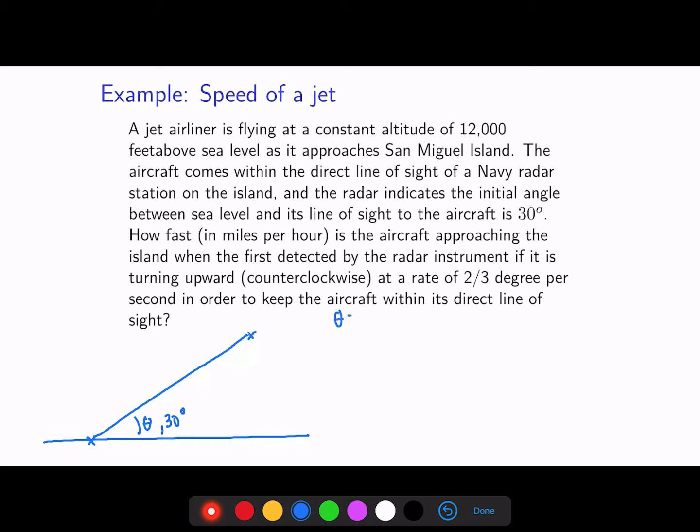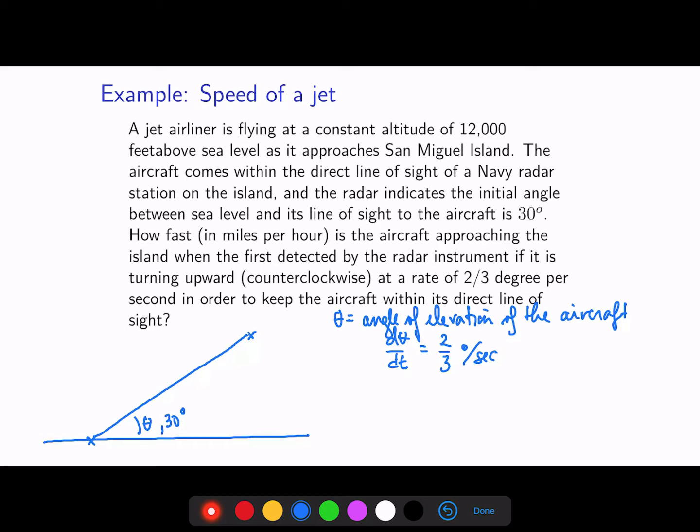So that's our first variable. Theta is the angle of elevation of the aircraft. And we're told that the rate of change of theta is 2/3 of a degree per second.